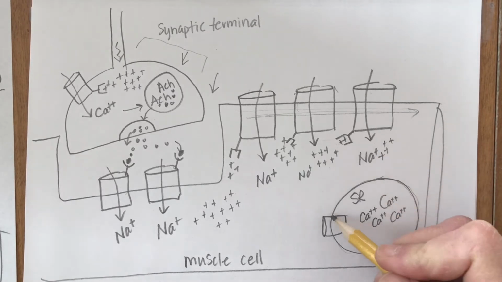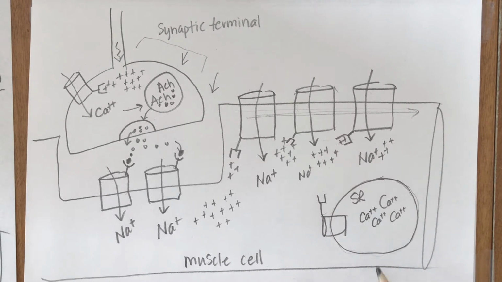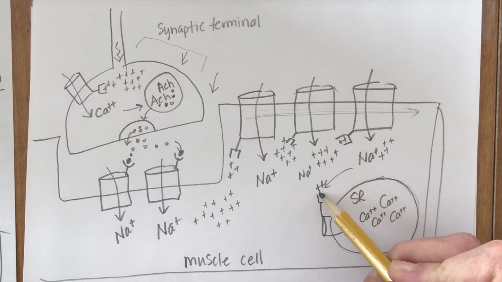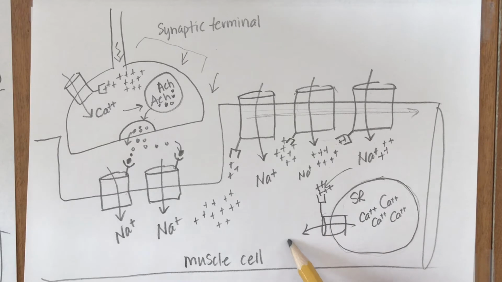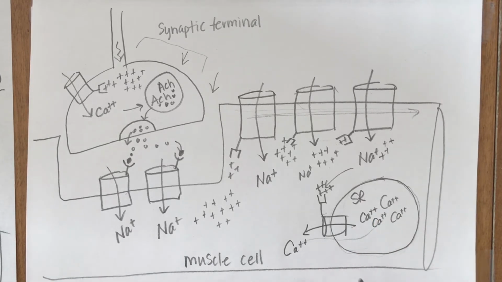And these calcium containers, sarcoplasmic reticulum, are themselves opened by a positive charge. Voltage-gated channels on the sarcoplasmic reticulum permit calcium to leave the sarcoplasmic reticulum.